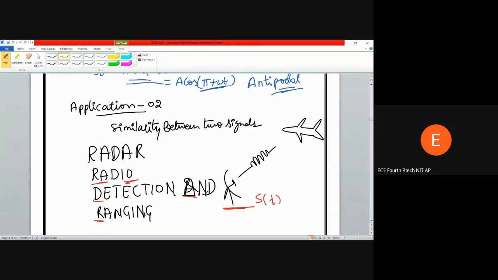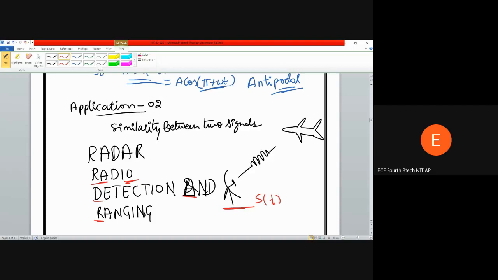If there is any similarity between these two, then you may say that there is some target. Otherwise, you can say that there is no target. There are many applications, even in electronic warfare, where we use this similarity between two waveforms. So the correlation coefficient that we have derived will be utilized in many applications. This is what I would like to conclude as of now.